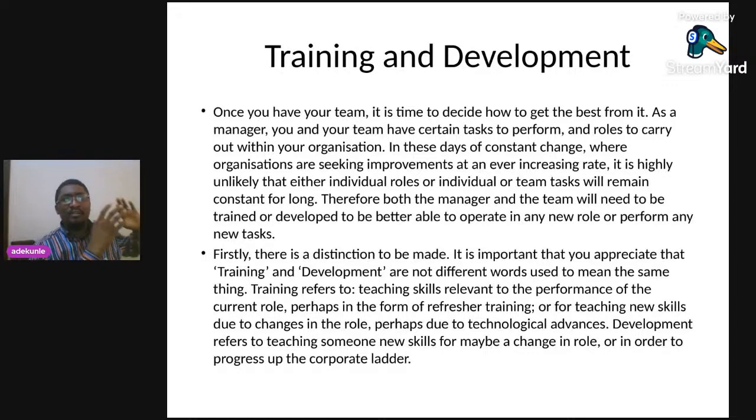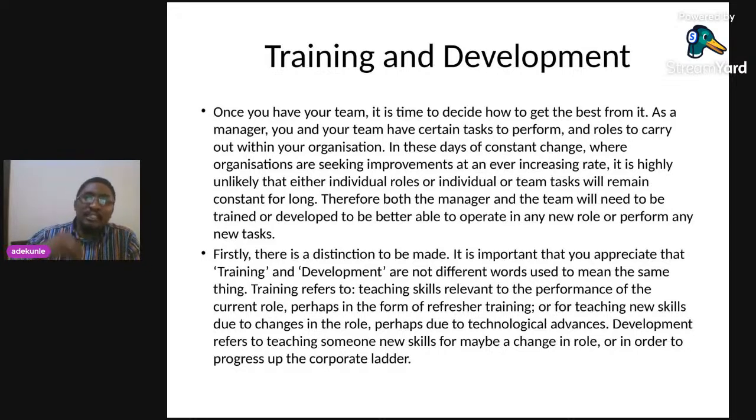Now, of course, once you have a team, there's a need for you to train and develop that team to achieve what the organization wants to achieve. Because once you have recruited somebody into the team, it is always good that you train them so that they can think as one, and develop them. Because we live in a period of constant change.